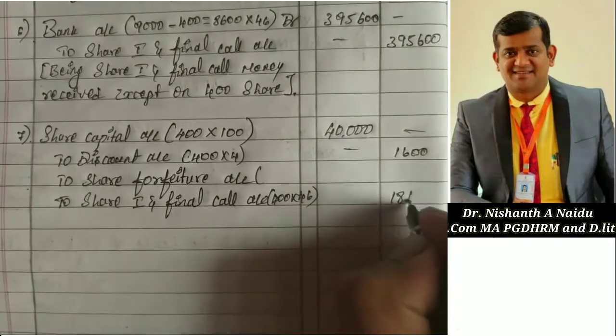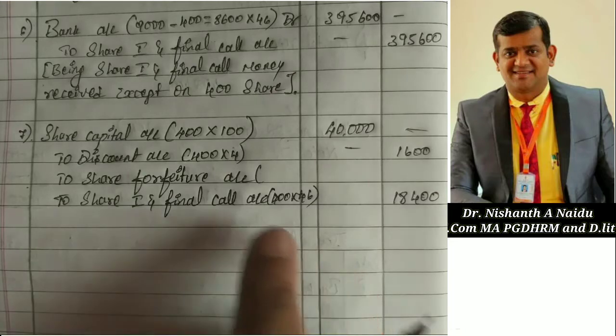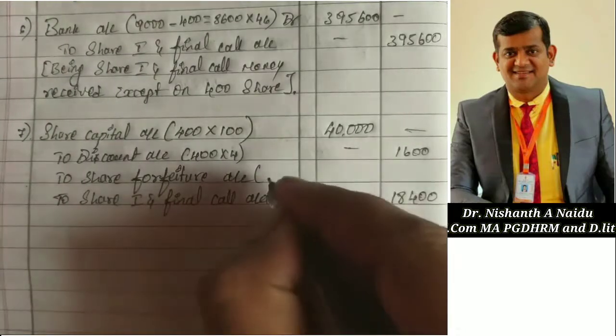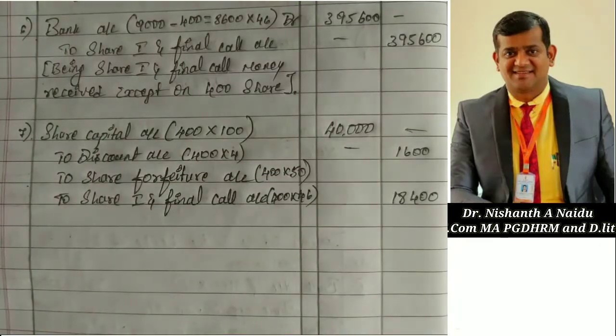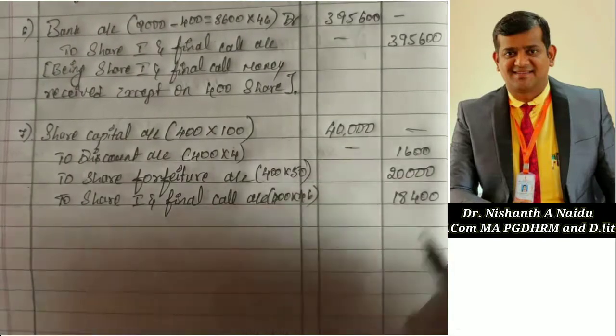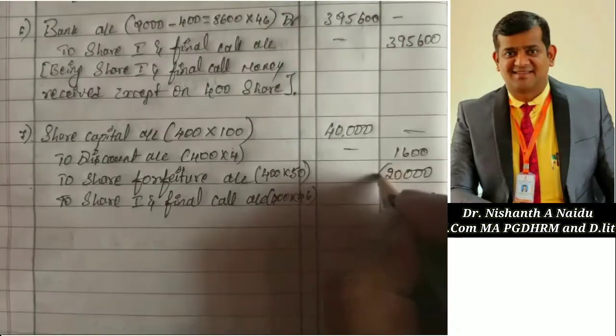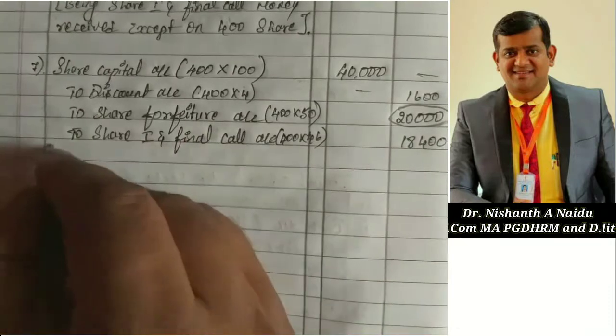How much they paid: 46 plus 4 is 50, so 400 into 50. That is 20 rupees on application and 30 on allotment, 50 rupees. So 400 into 50, they paid us 20,000 rupees. So highlight this which they have paid. So now write the narration.